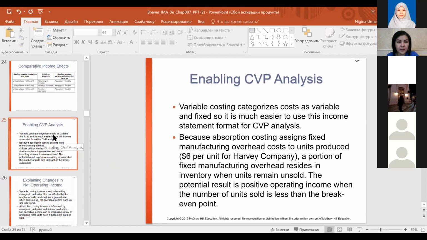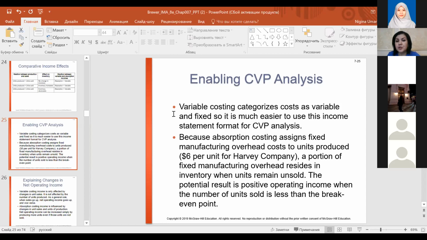Okay, now enabling CVP analysis. When variable costing categorizes costs as variable and fixed, it is much easier to use this income statement format for CVP analysis. Do you remember CVP analysis? This contribution format is suitable for CVP analysis.